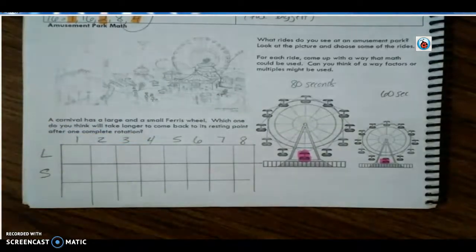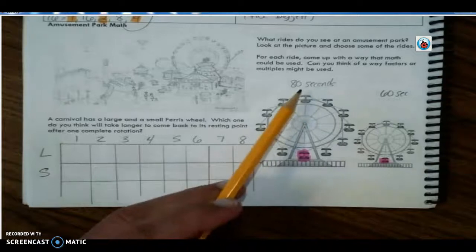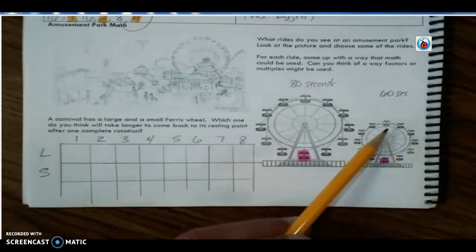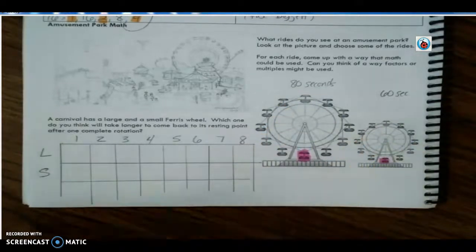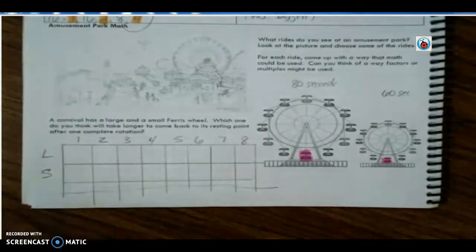And that's kind of interesting that we say times because that's actually what we're going to do. How long does it take for this big one to go around? 80 seconds. How long does it take for the small one to go around? 60 seconds. So pause the video, make your chart kind of look like this. You don't have to have this bottom thing down here. Pause the video, make that chart, and then turn it back on.